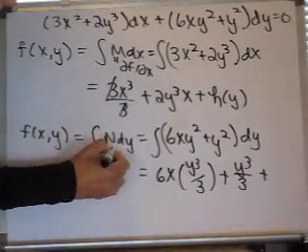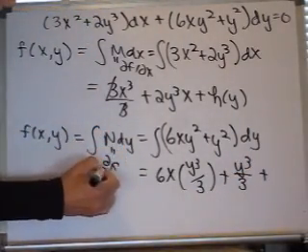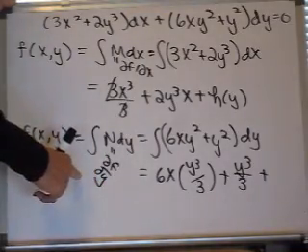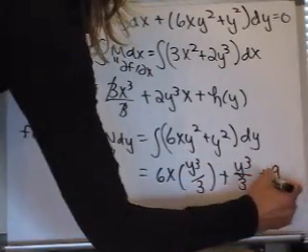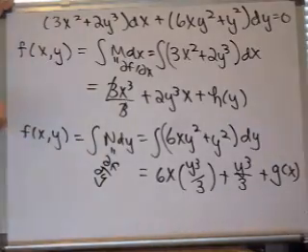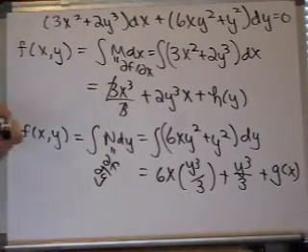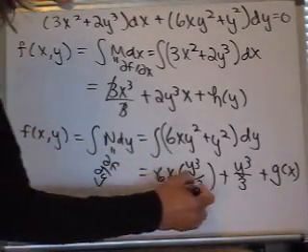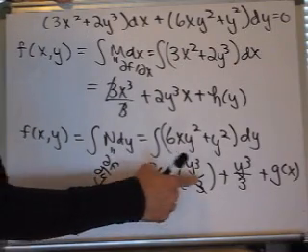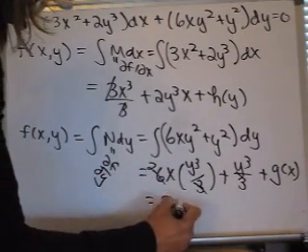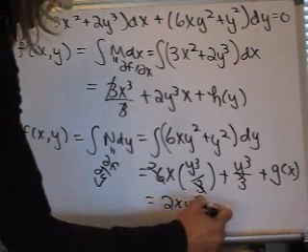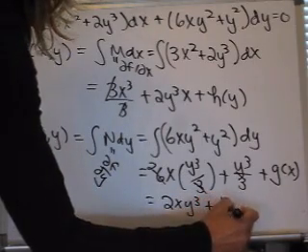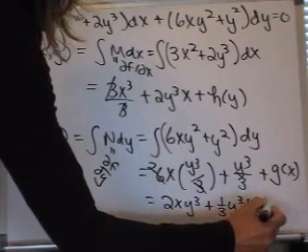Because N is the partial of f with respect to y, I would have lost functions of x alone, so my constant of integration is g of x, some function of x. If I simplify, I get 2xy cubed plus 1/3 y cubed plus g of x.